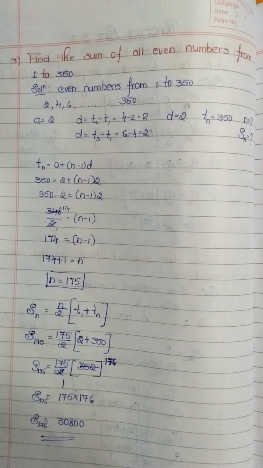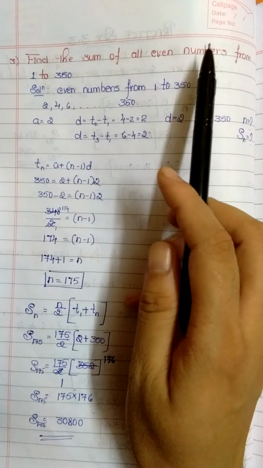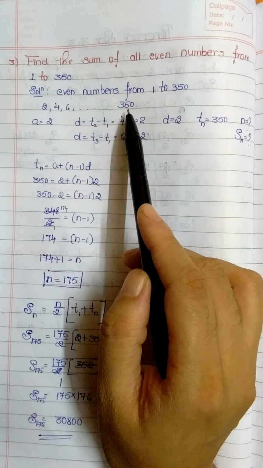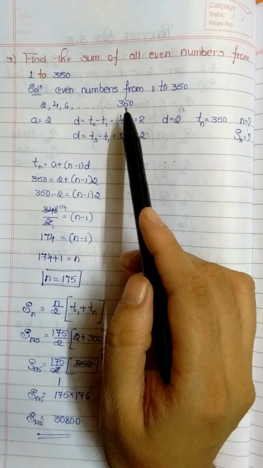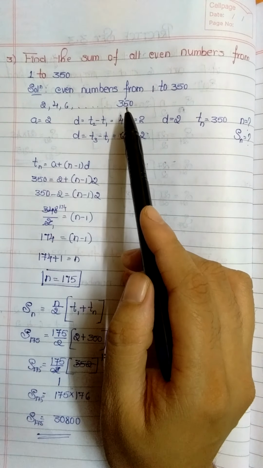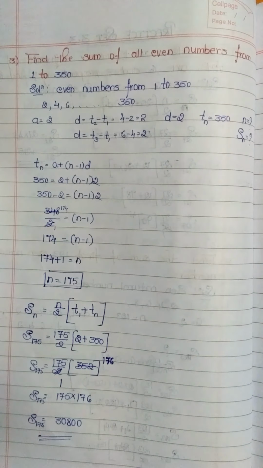30,800. But in our textbook the given answer is 30,450, because there it is given from 1 to 350. That's why we are using 2 to 350. 350 is also an even number, that's why we are using 350. If we are not using 350 and use 348 as the last number, then we get the textbook answer, that is 30,450.